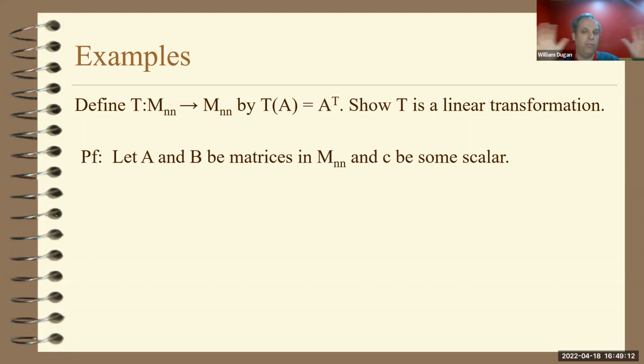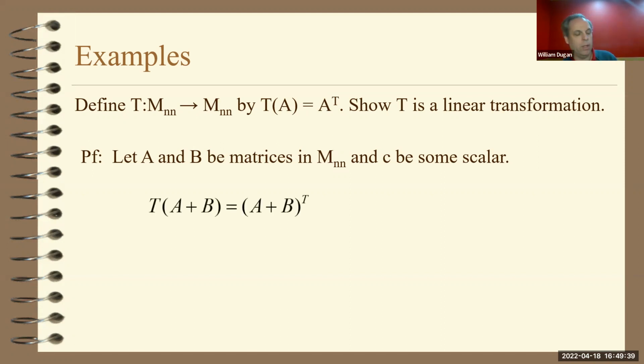To do so, the proof is very similar. And unfortunately, for the homework, they're all proofs this time. There's no computation to do. It's all verifying something is true. So to do so, you're going to follow this general process. We'll take two vectors, in this case matrices, in M sub nn, and any scalar c. I have to show now the two properties are true that you see in the definition for linear transforms.